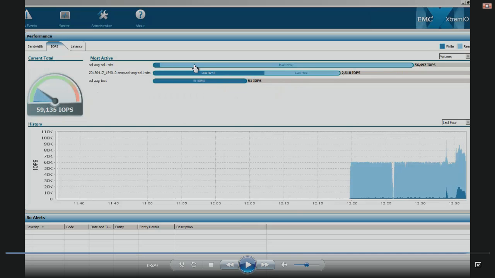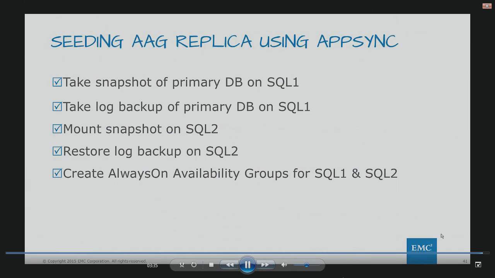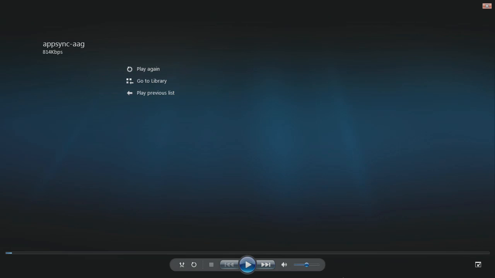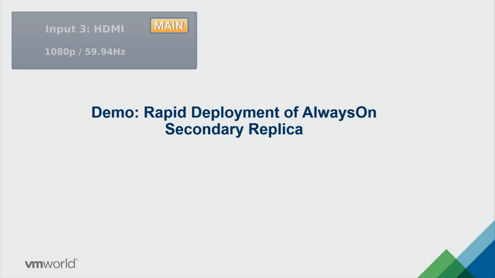You can see that while the primary volume is running about 56K IOPS per second, there's only a little IOPS going on my replica volume. So in less than 5 minutes, I just deployed an always-on secondary replica of a near 1 terabyte database.